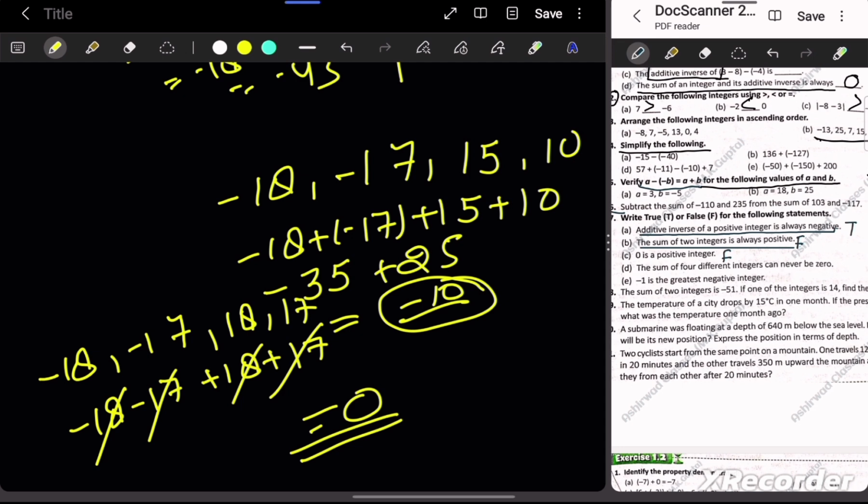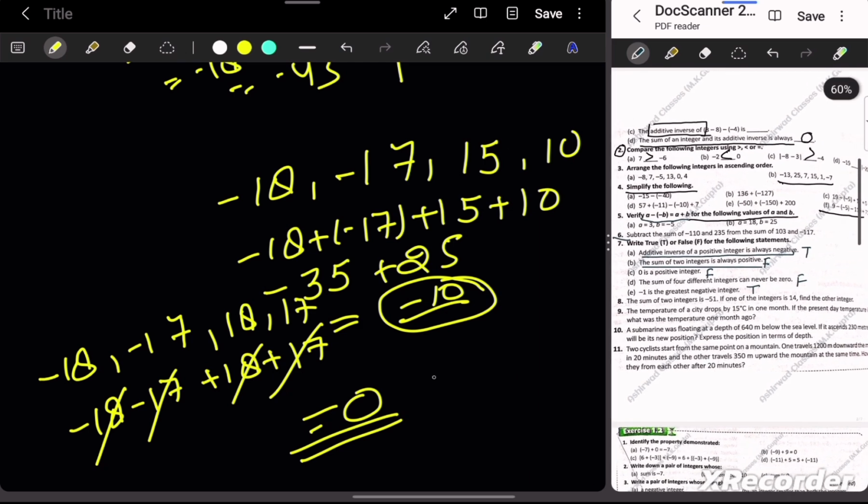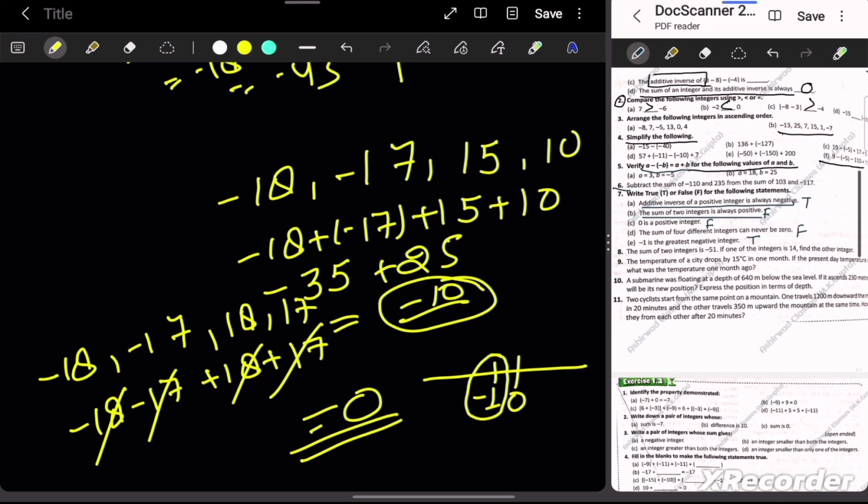Absolutely, so the statement is false. Minus 1 is the greatest negative integer. Absolutely. Because here is the number line, 0 and minus 1. Because near 0 is minus 1, so minus 1 is the greatest of the negative integers.